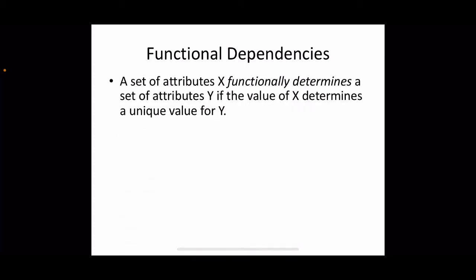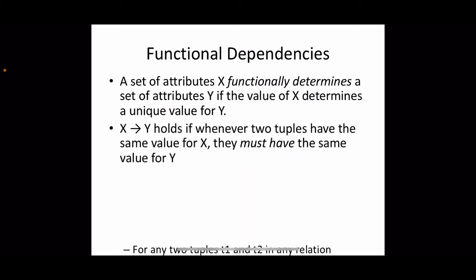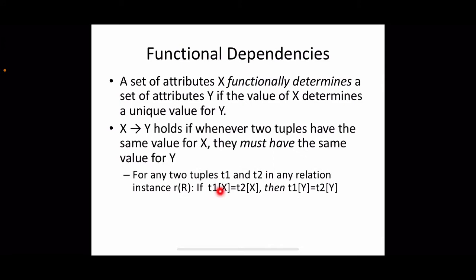Now a quick recap of functional dependencies. A set of attributes X functionally determines a set of attributes Y if the value of X determines a unique value of Y. That is, if you take two tuples t1 and t2, and their X parts are the same, then their Y parts should also be the same.